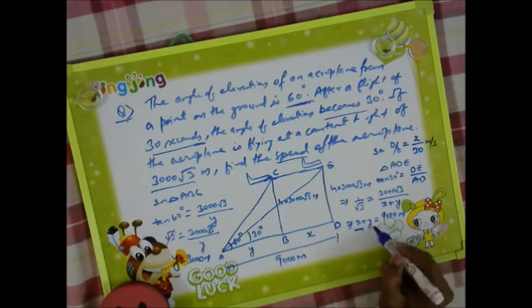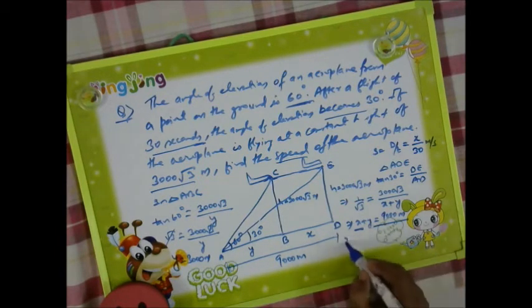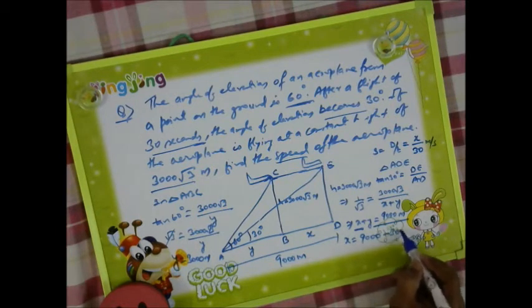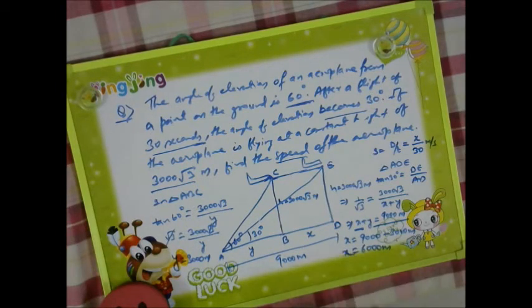So now from here, if we subtract Y, we can get X, so 9000 minus 3000 meter, so this one will be giving to us 6000 meter. So X is equal to 6000 meter.